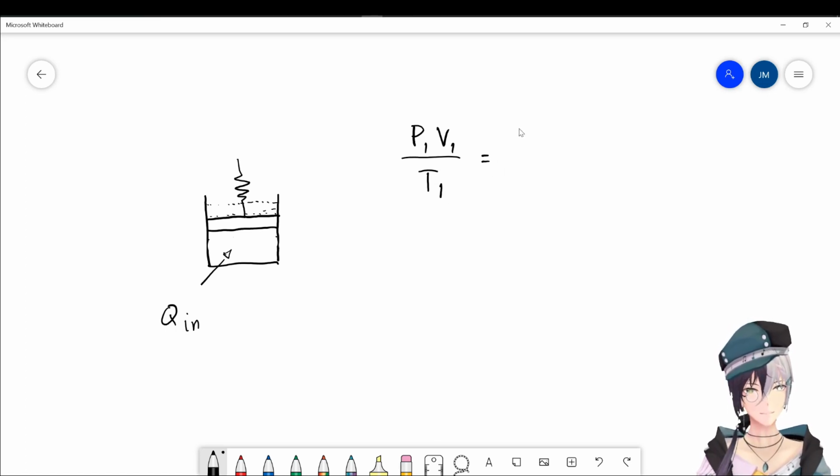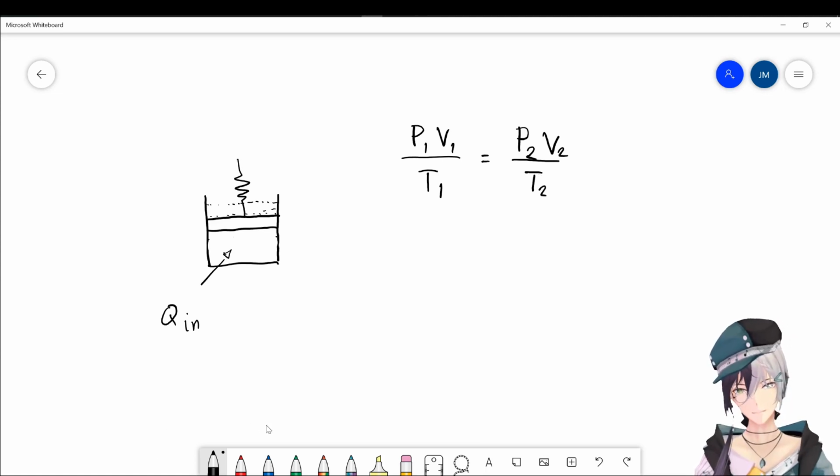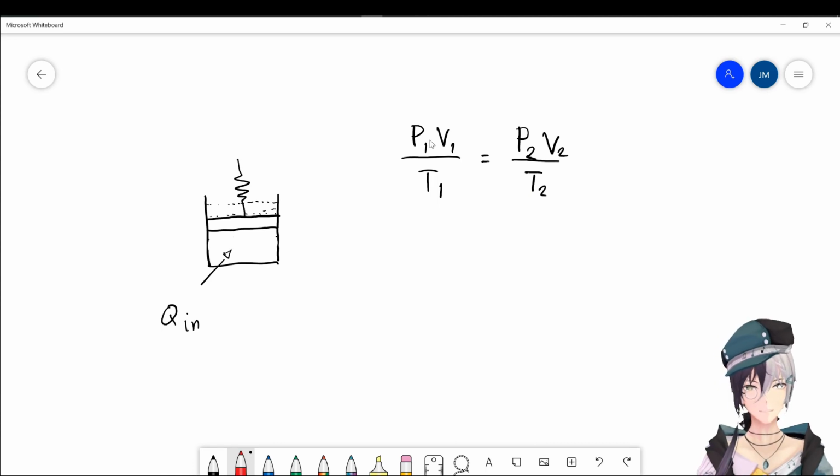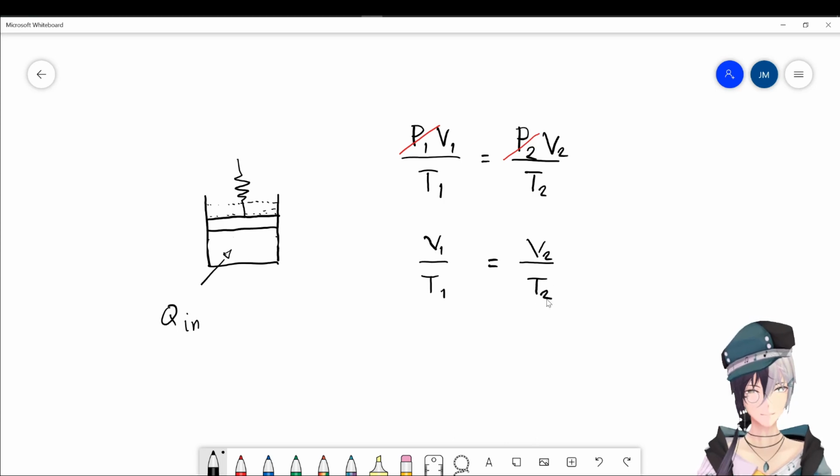For an ideal gas at constant pressure process, or isobaric, pressure 1 equals pressure 2, so this one is already cancelled. We are now left with volume 1, temperature 1, and volume 2, temperature 2.